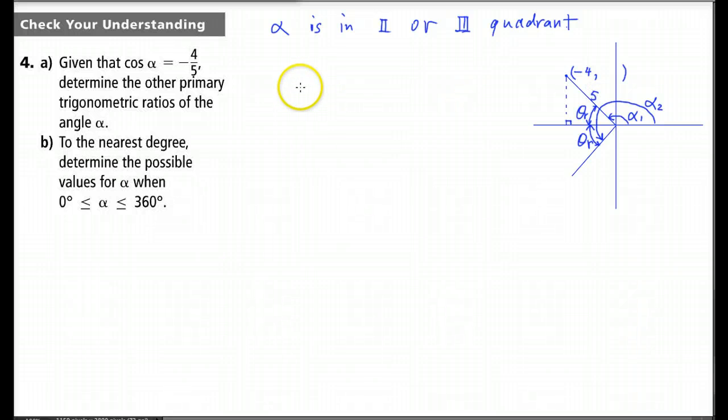Actually, if you know the Pythagorean triplet, we can find out the y here, right? So y should equal the square root of 5, the hypotenuse, squared minus 4 squared.